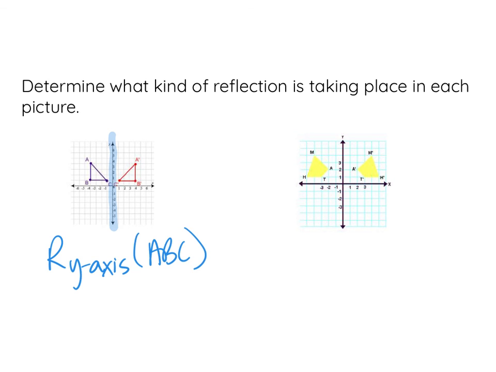And if we look at this one, it actually looks the same, right? I'm still reflecting over that line. So capital R, y-axis, MATH. If we were flipping what looked like up and down versus left and right, then we would write x-axis instead of y-axis. Okay, I know that was a lot of information. We will do some more practice with this in class, and I will talk to you soon.